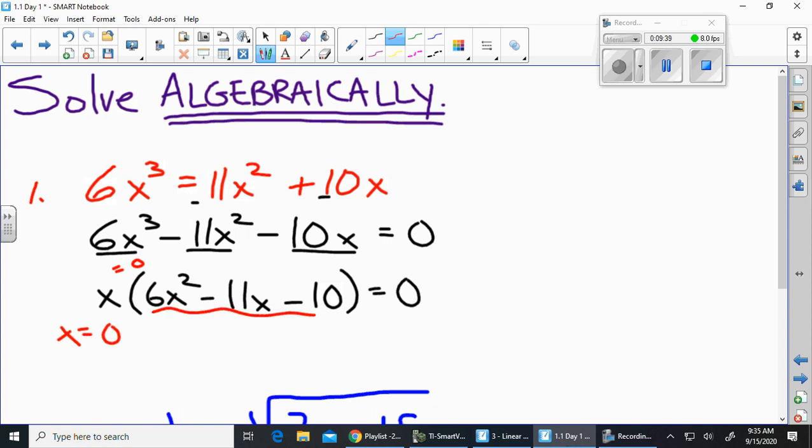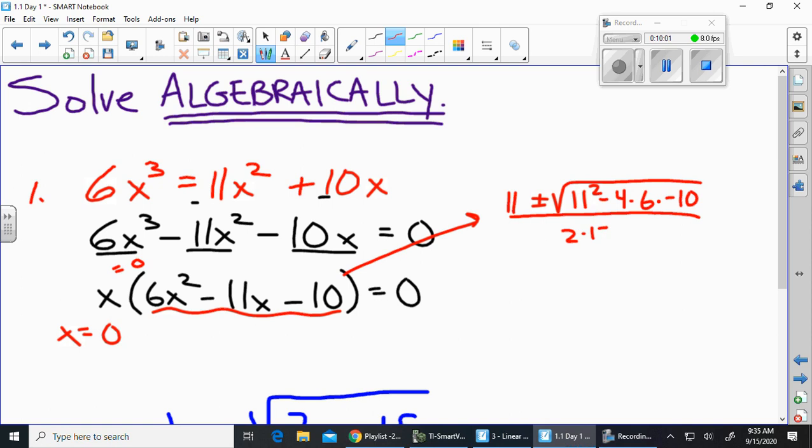Now, how do you solve that? You might try to factor. A lot of people would say to me, I'm just going to use, it's a quadratic, I can use the quadratic formula: opposite of b, plus or minus the square root of b squared minus 4 times 6 times negative 10, all over 2 times 6.